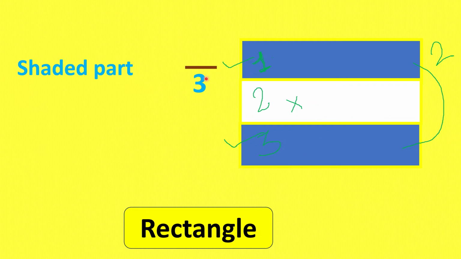That's why we write here a third. And how many parts are colored over here? It's the first and the second. So two parts are shaded over here. So we write 2 at the upper of the slippy line. This is a concept of class 2, for when you will be in class third.